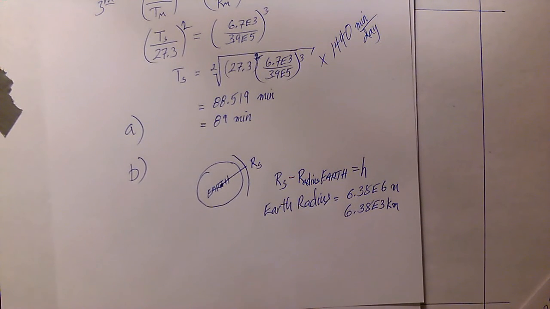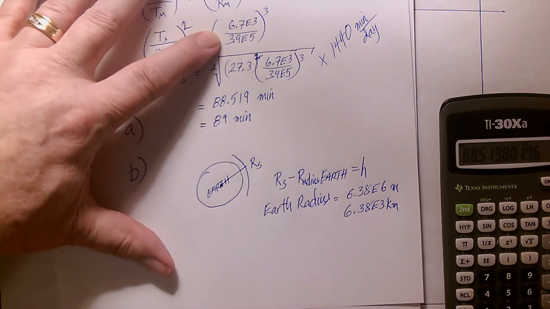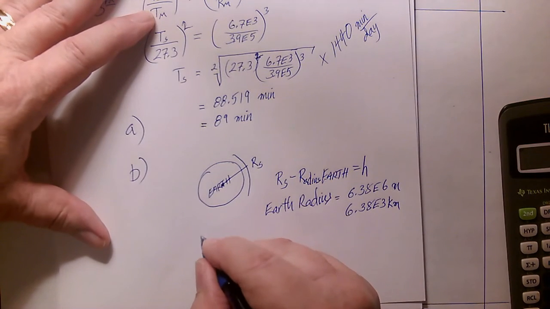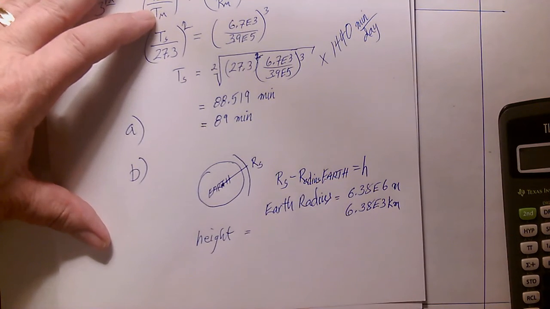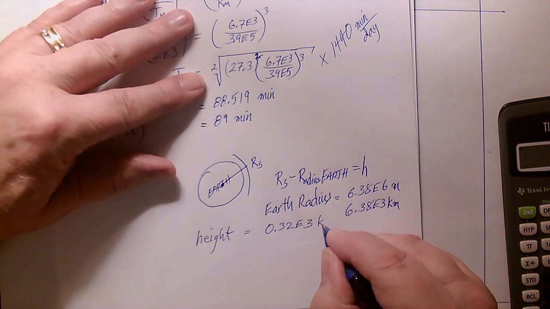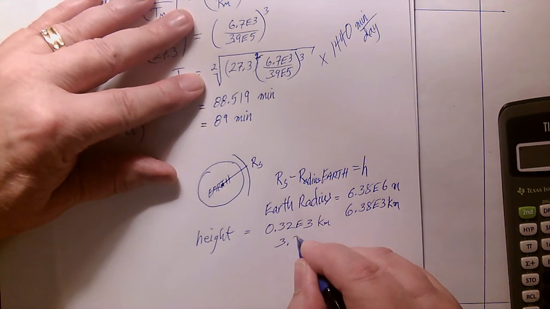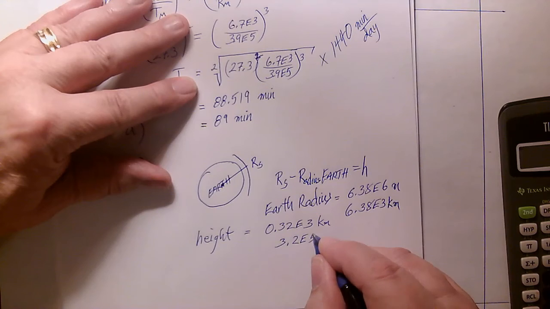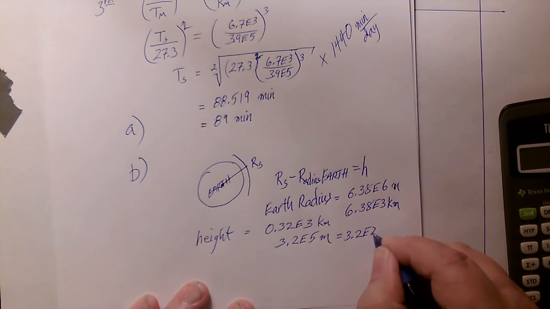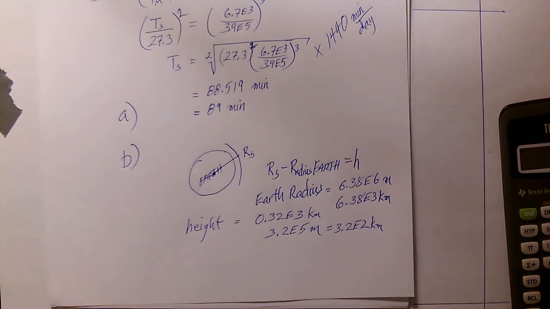And then I subtract 6.7 minus 6.38, and I get that above the Earth is 0.32 E3 kilometers, which is 3.2 E5 meters, or 3.2 E2 kilometers. All right. That's the answer for that one. Let's pause.